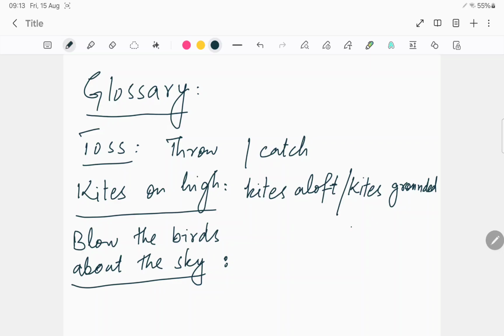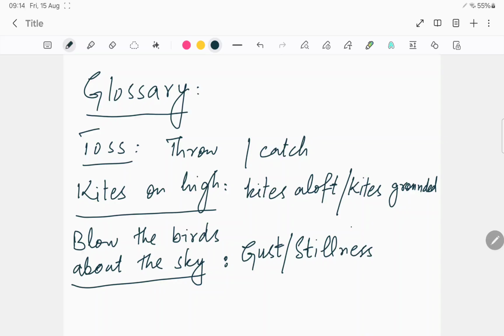As far as the synonym is concerned, we may say gust. That means to blow something and to move something, and the antonym can be stillness. That means stopping somewhere or not moving at all.